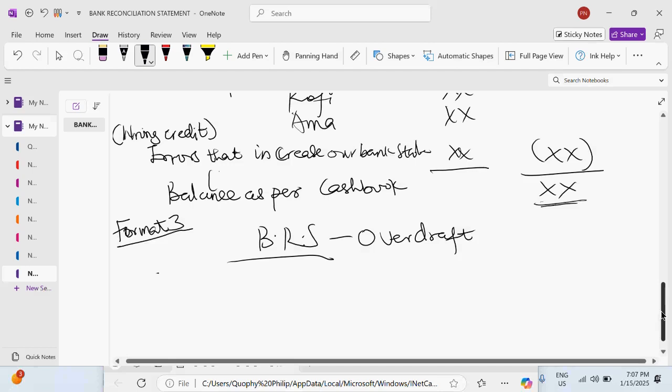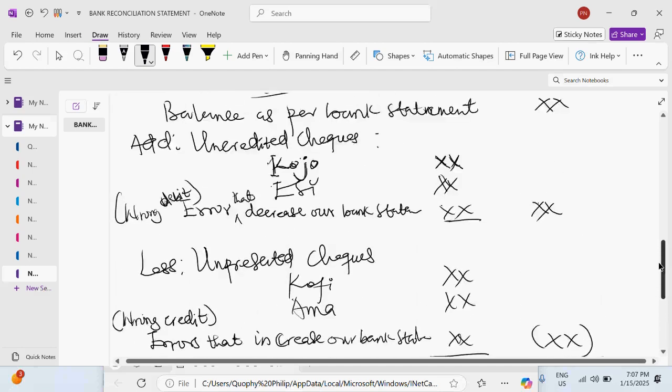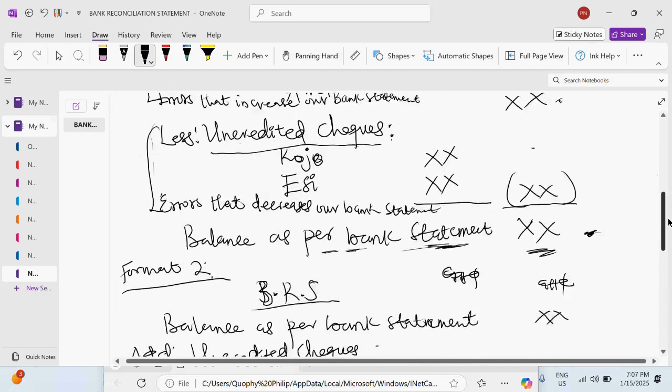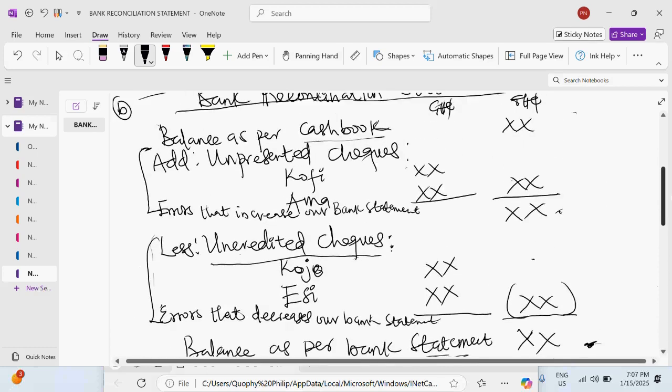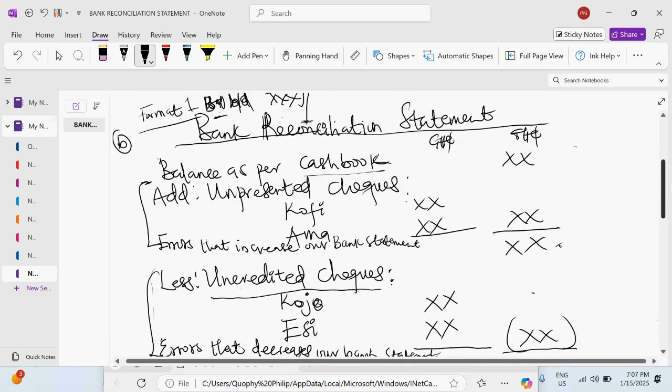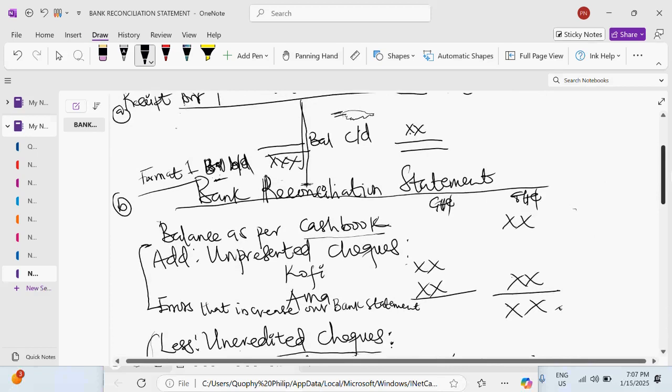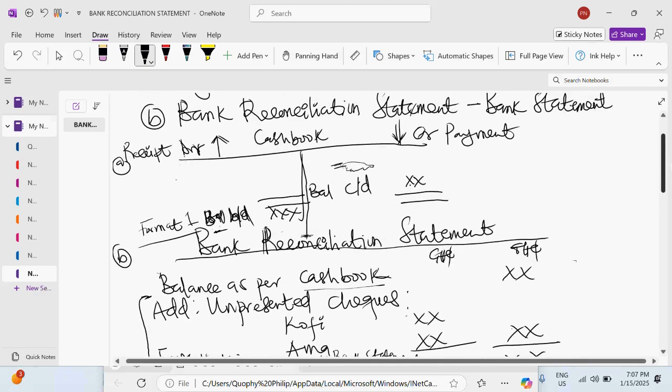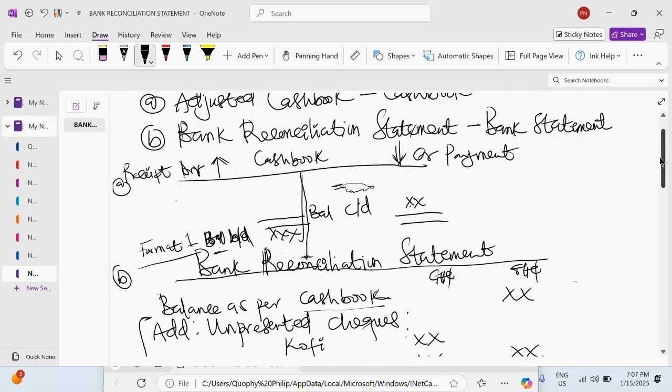Overdraft means that we know a debit balance.